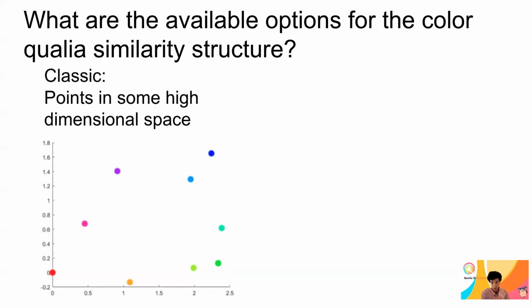The classic way to think about this is always pretty much the points in some high-dimensional space. Here, let's say in the case of a two-dimensional projection, this is a potential location of all these 9 patches, and then the distance between these two corresponds to the dissimilarity.